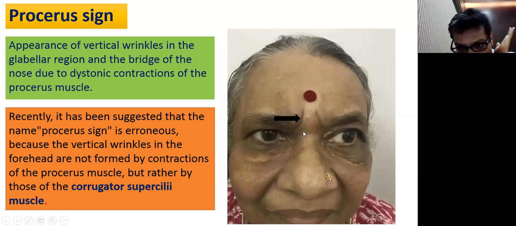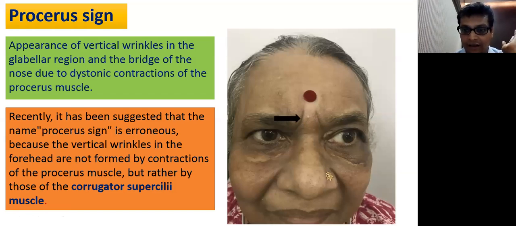Procerus muscle dystonia will cause a horizontal crease over here. So basically this should be the procerus sign and this should be the corrugator sign. But still we label this as a procerus sign. So please remember, procerus sign is because of corrugator supercilii muscle, and the horizontal crease ideally because of procerus muscle dystonia you will get here.